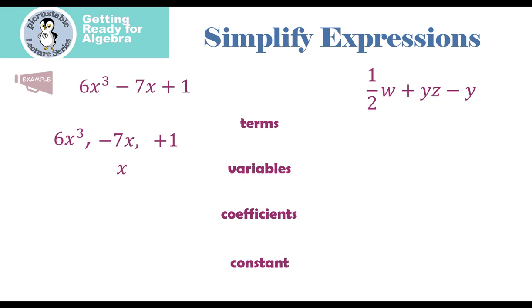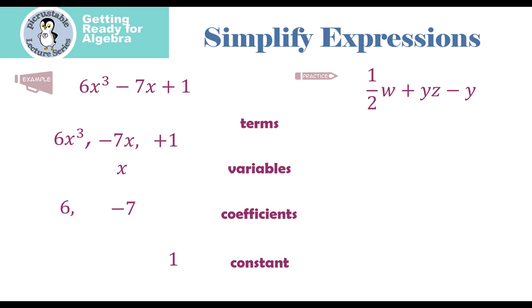In this case, it's just the x. And the coefficients? We have 6 and -7. What about 1? Well, 1 is a constant because it doesn't have a variable hooked to it. Now it's your turn. I want you to find the terms, variables, coefficients, and constants. Pause the video, then press play to check.